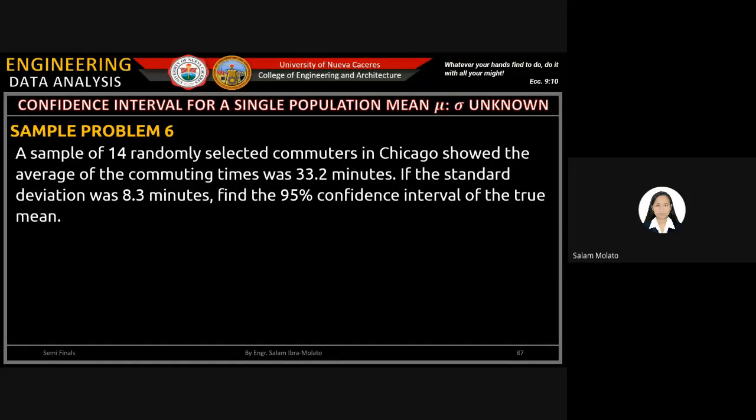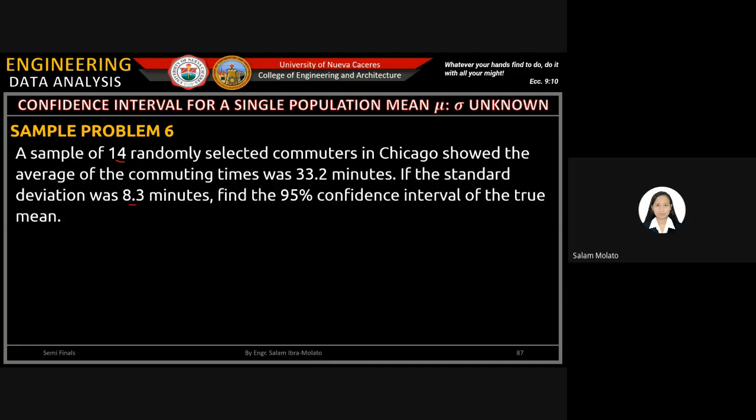Given ba yung sigma natin dito? Hindi, because itong binigay sa atin dito is not a sigma but a sample standard deviation. Kasi galing siya sa 14 eh. Sample din yan. So meaning automatic, the standard deviation given is also the S, not the sigma.